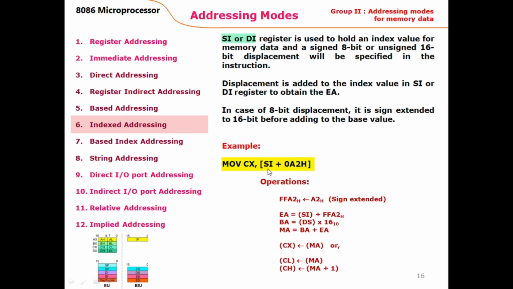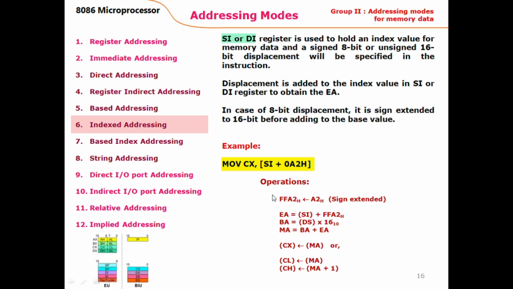This can be SI, it can be DI. The sum would give us the effective address. This effective address is added with the left shifted data segment value, which would give us the physical address or the memory address.